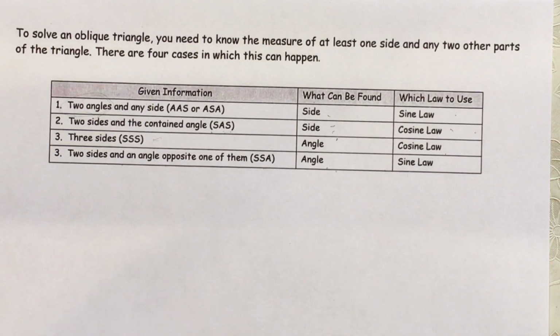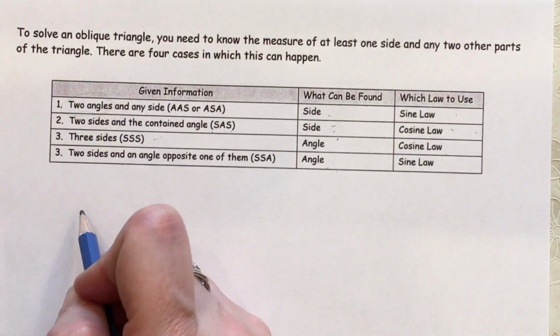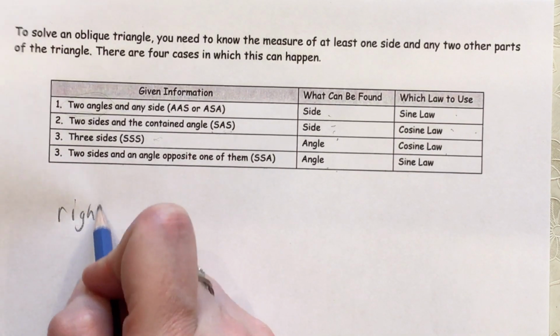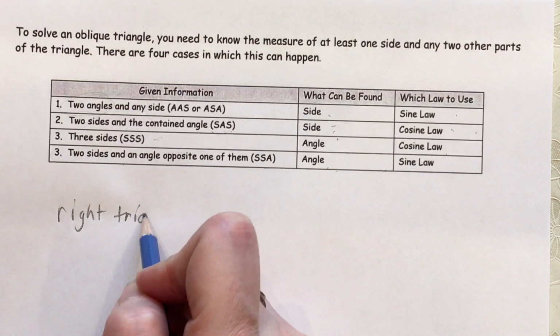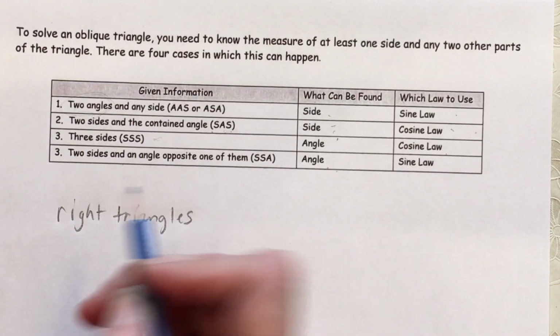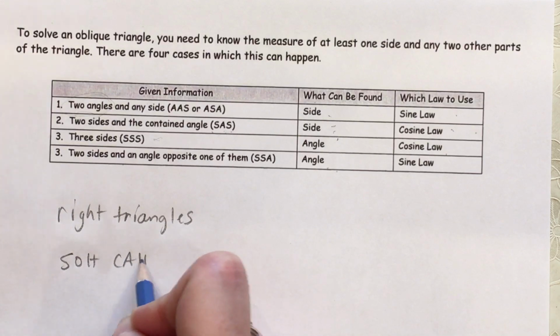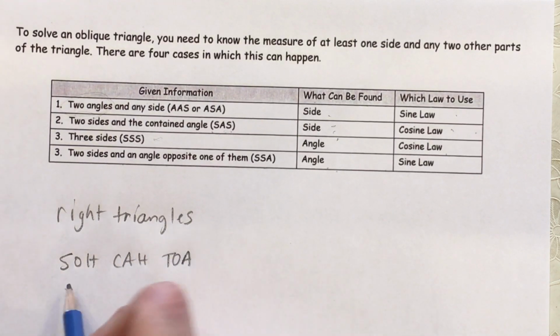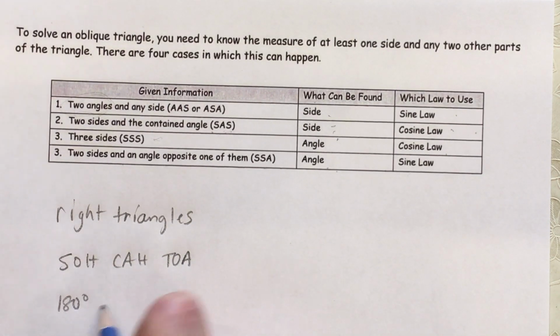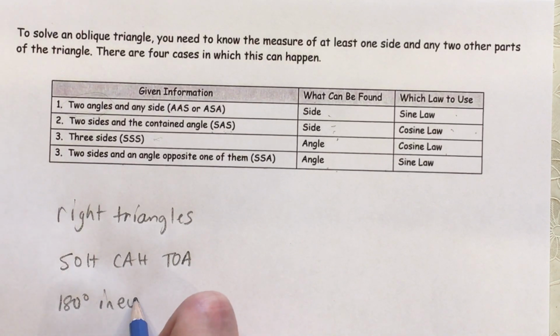formula to use. But remember that for right triangles, you use SOHCAHTOA. Remember that there's always 180 degrees in every triangle.